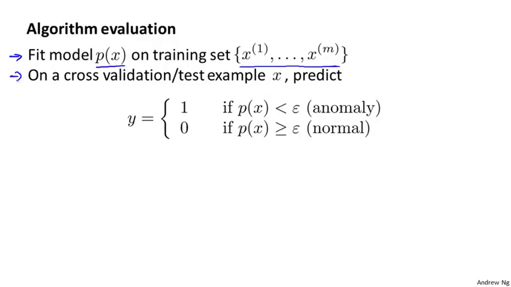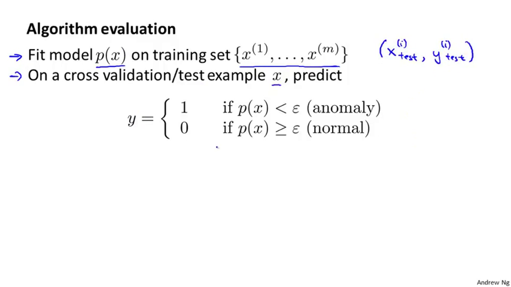Next, on the cross-validation and test sets, we're going to think of the anomaly detection algorithm as trying to predict the value of y. So in each of my test examples, we have these x_i test, y_i test, where y is going to be equal to 1 or 0, depending on whether this was an anomalous example.